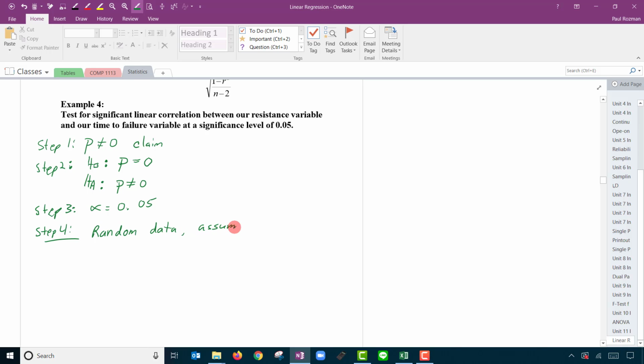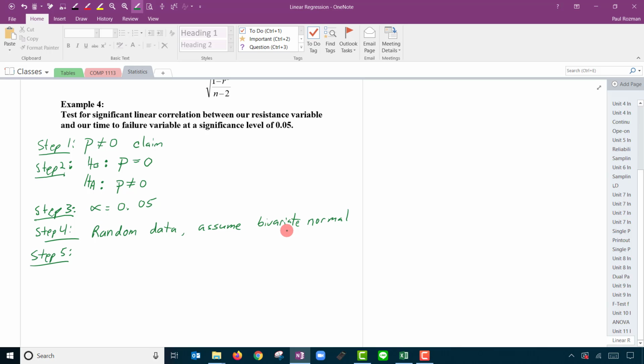assume bivariate normal. The formula for the correlation coefficient is considered fairly robust, so this assumption isn't too much of a stretch.